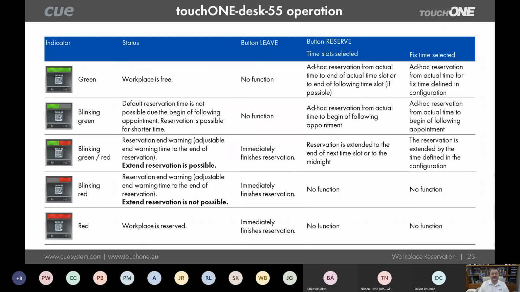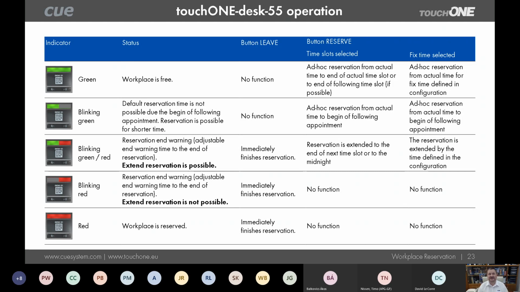Next slide is describing a little bit the different situations, what is happening with the LEDs, depending on different scenarios. If it is completely free, you see there is a permanent green, workplace is free, a button leave has no function, and button reserve has some functionality.